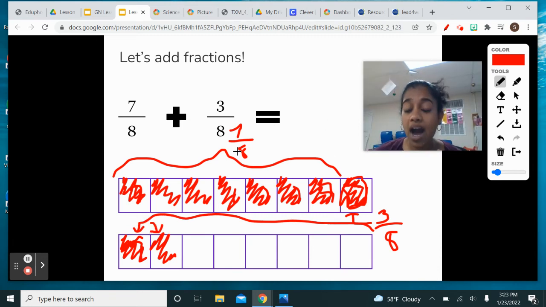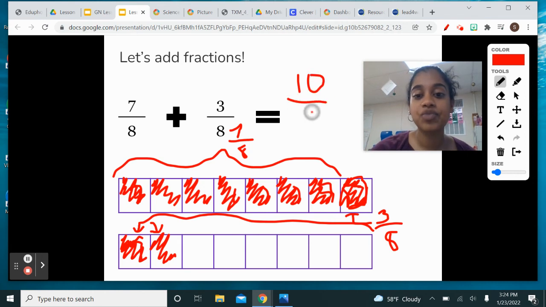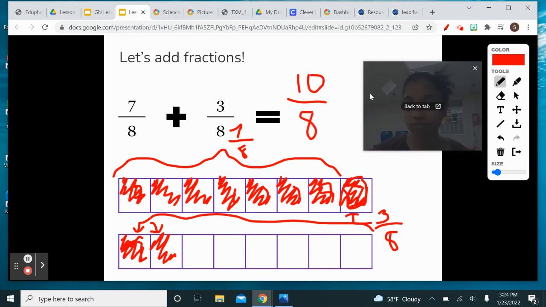Okay, so now we got to figure out, because we're doing addition, how many 8s I have all together, right? So I have 1, 2, 3, 4, 5, 6, 7, 8, 9, 10 8s. So I have 10 8s all together, right?